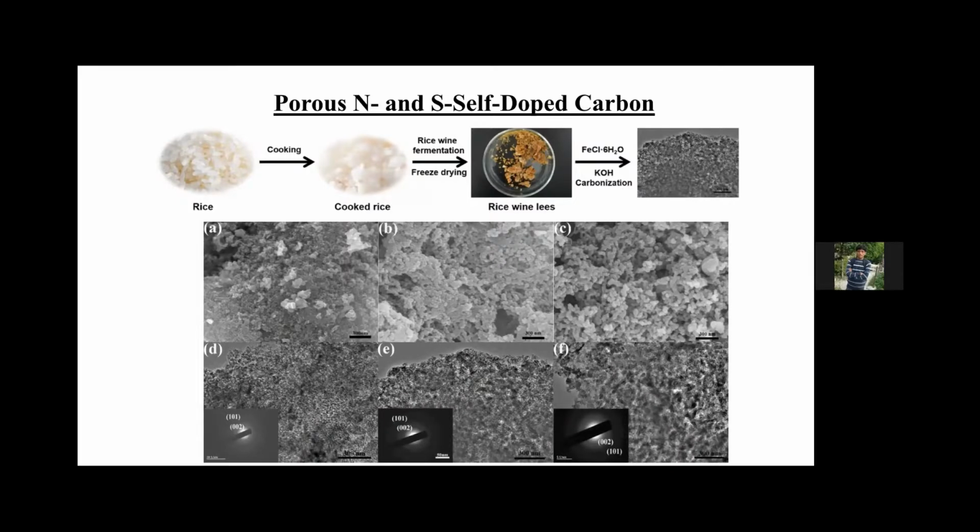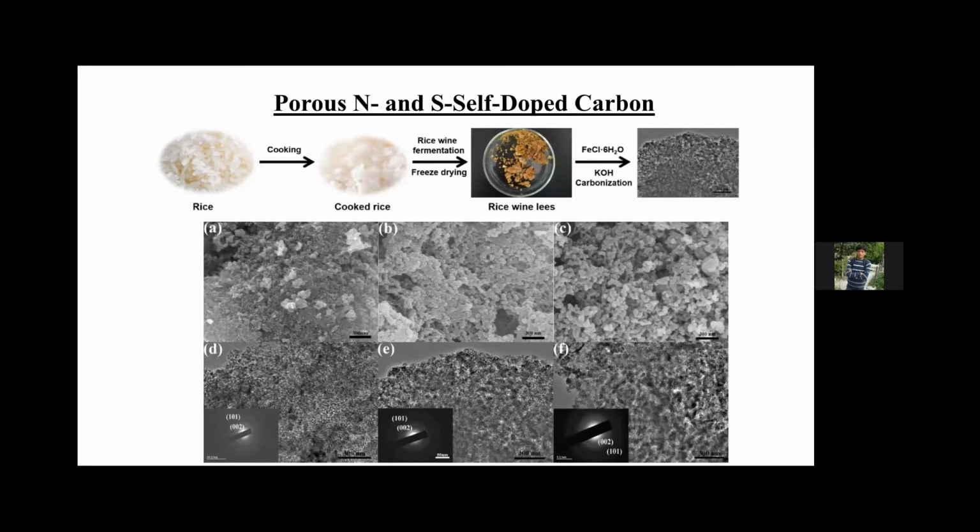So here is one example of a pyrolysis process where they use a biomass. They use normal rice, and from that rice they make rice wine.